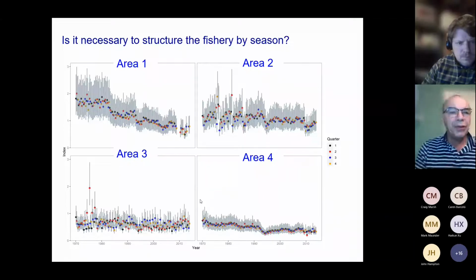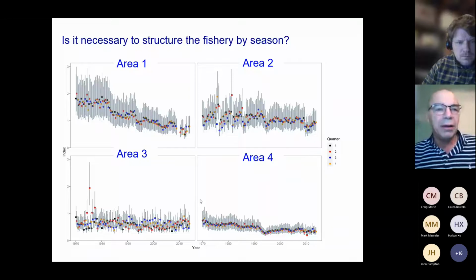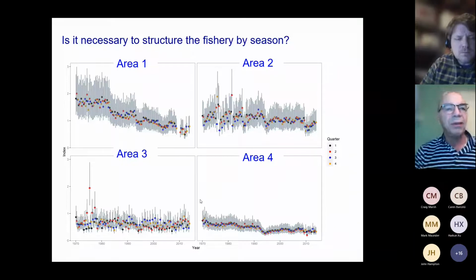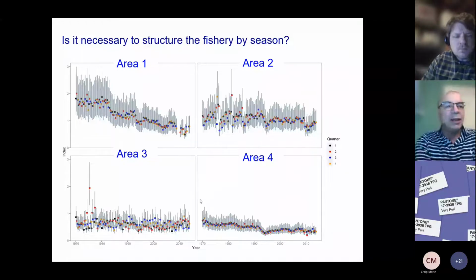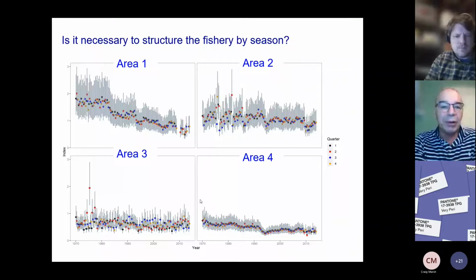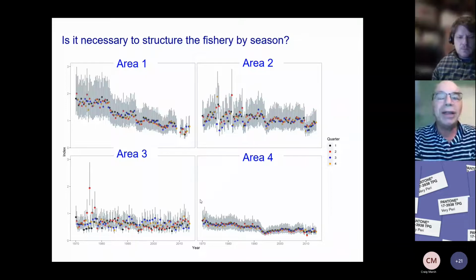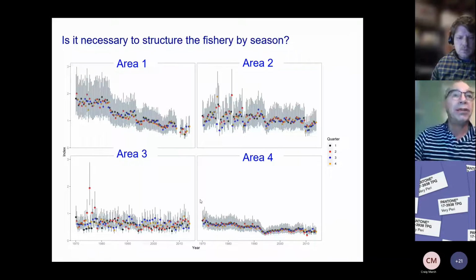And we also see that the seasonality seems to be there, but without the movement parameters into area 3, we did not attempt to reconcile what might be going on, in that there does seem to be some seasonality in the patterns in area 3, but we weren't able to take that very far. We do question whether or not we even needed to treat this as a seasonally structured model, given the patterns that we saw in the other areas.